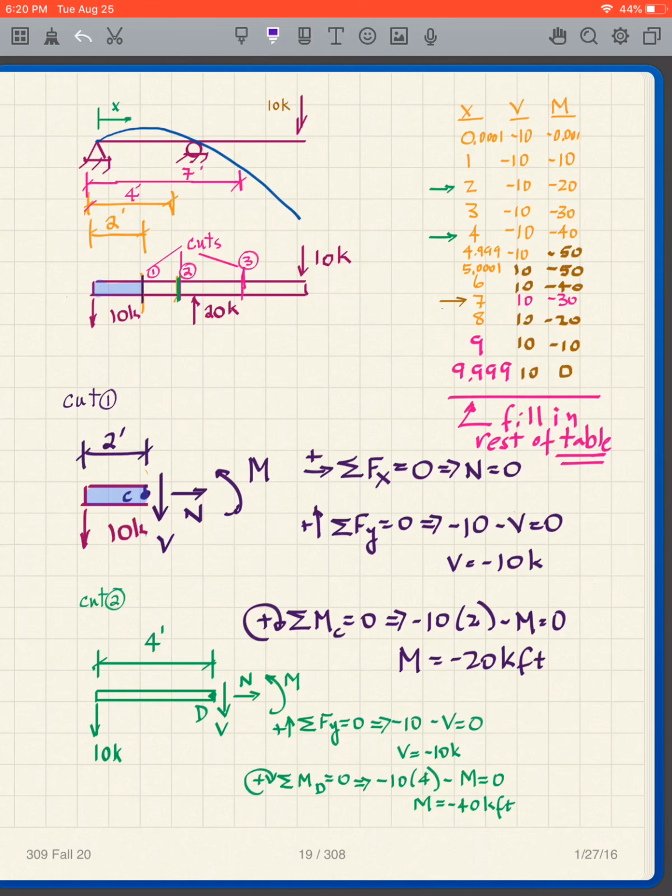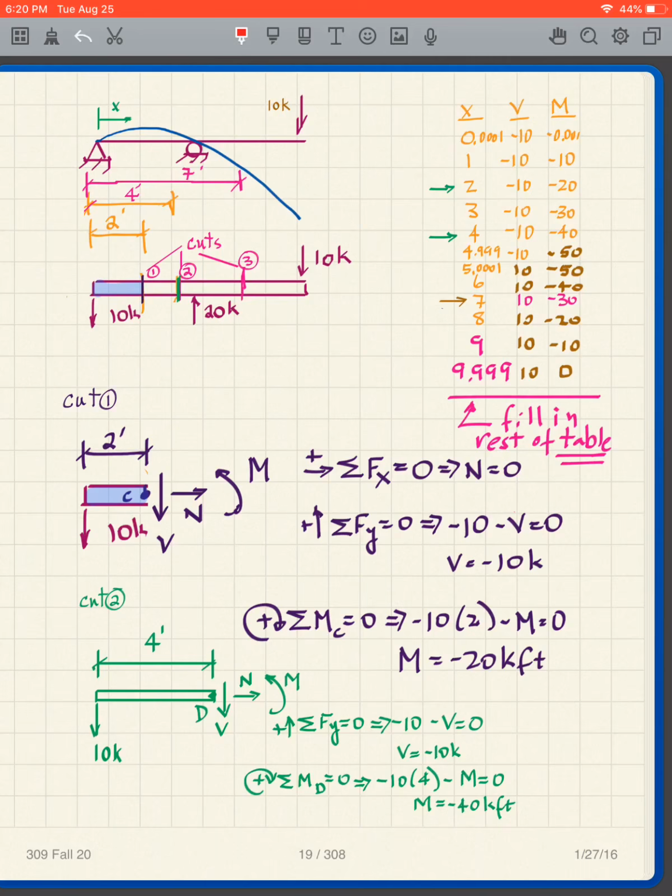So what we're going to do is look at this beam problem, and I'm going to make several cuts in this beam to analyze it. I'm going to make a cut at 2 feet. So in other words, I'm going to cut here. I'm going to make a cut at 4 feet.